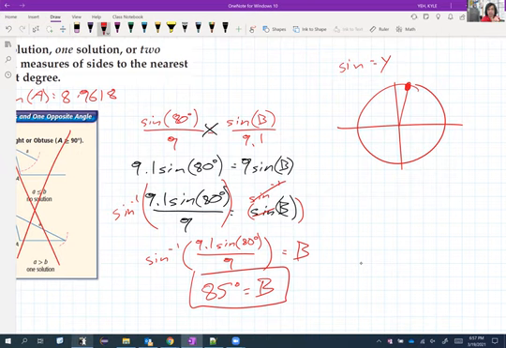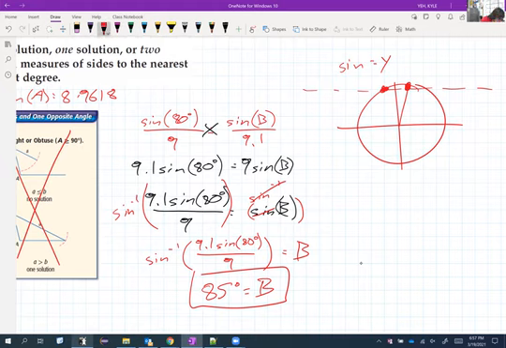But there's another point on this circle that also has that exact same y value. If you look, there's a point over here in quadrant 2 that will have that exact same y value. That could have been an answer to this inverse sine were our calculator programmed to give it to us. So how do we figure out what that is? By using our knowledge of the unit circle.